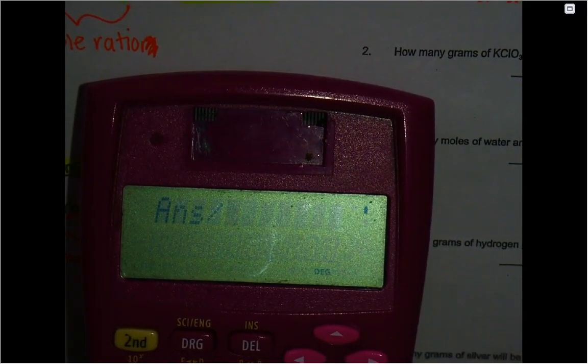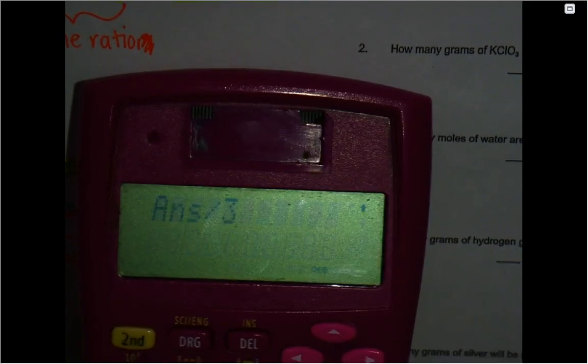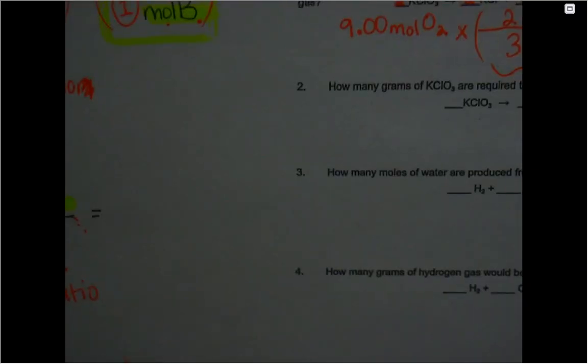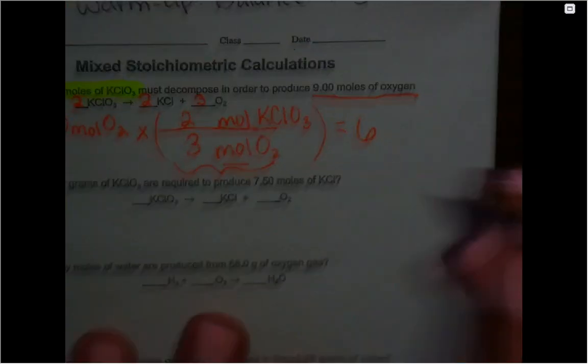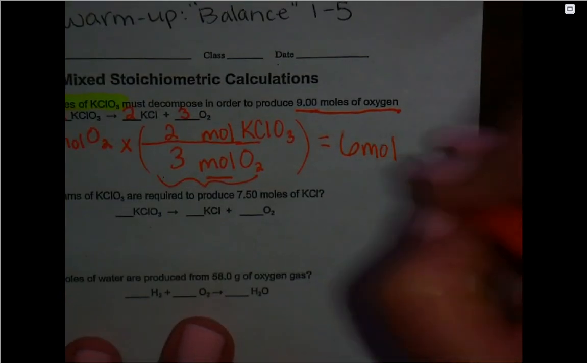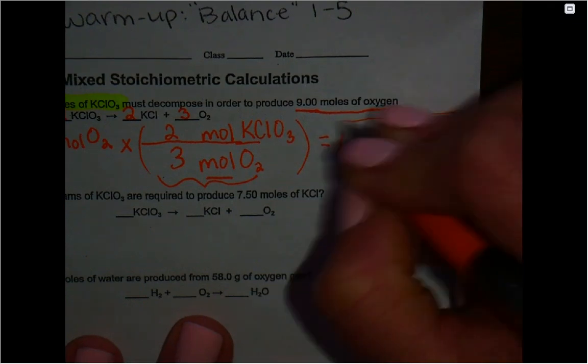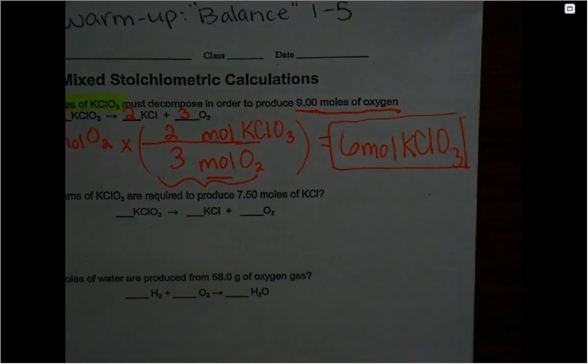Then I went divide by 3 and pushed enter. Did you guys get 6? Awesome. All right. There you go. Moles of KClO3. You need that whole thing for the answer to be correct. Okay? All right.